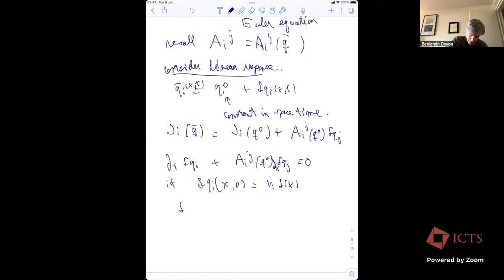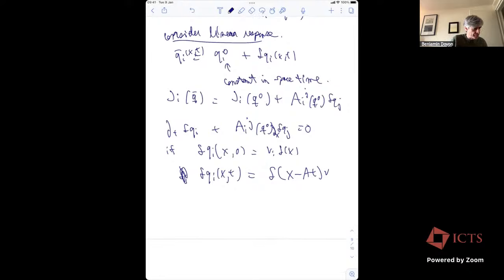Then the result δQi(x, t) is going to be a delta function of x minus At, times the vector v. A delta function of a matrix means you have to diagonalize it and write the delta function of eigenvalues.